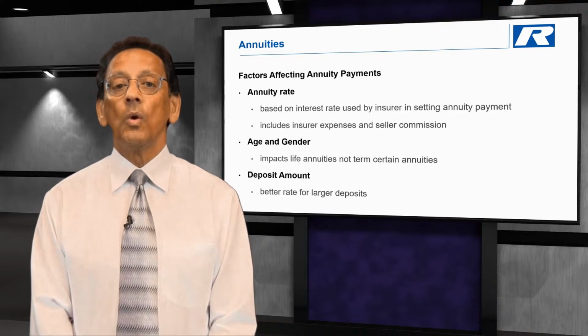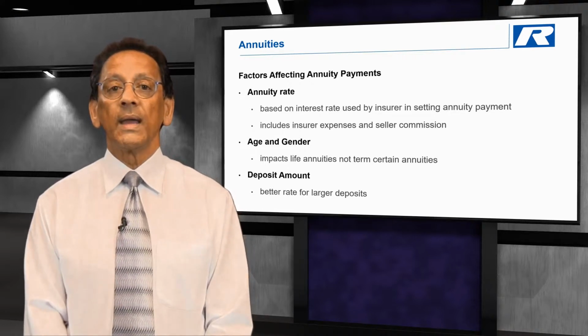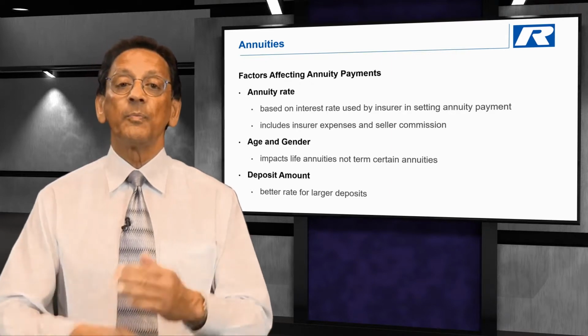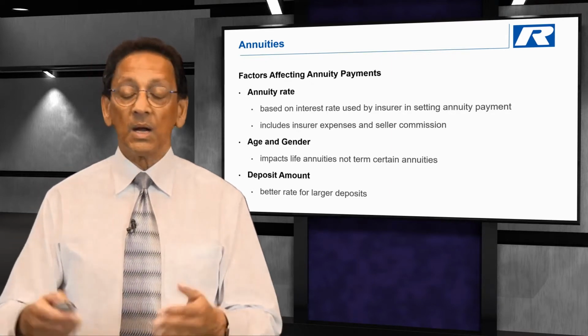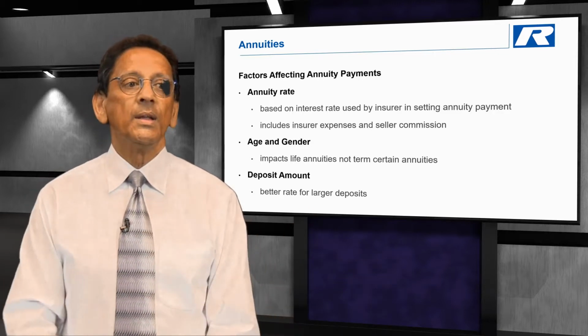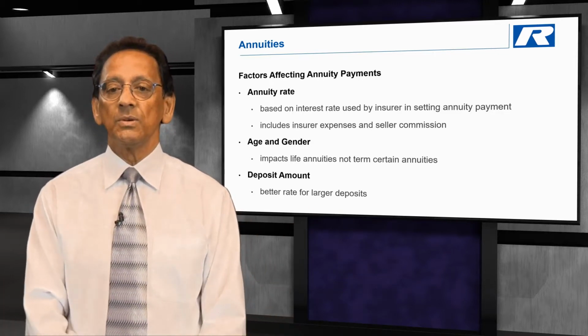Second thing, age and gender. So the older you are, the higher your annuity payment is likely to be, because the number of payments they're likely to make will be fewer than if you were a younger person. Gender also impacts annuities.